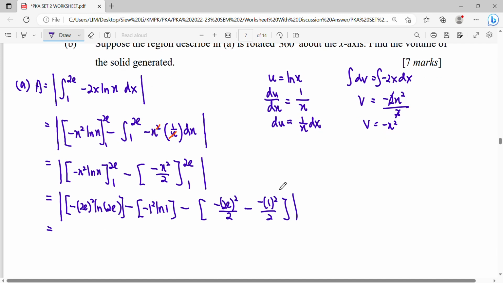Okay, so you can figure it out using your calculator. Can you get it? Okay, so press the calculator.